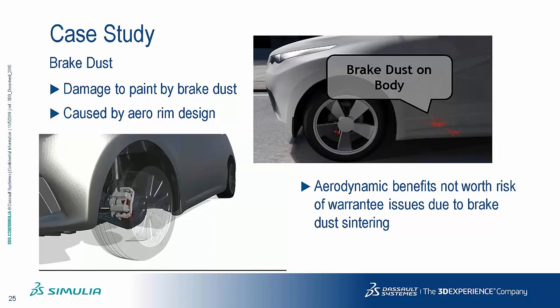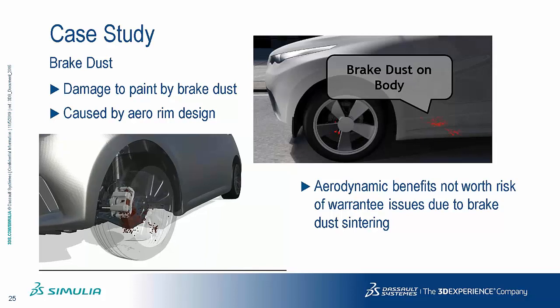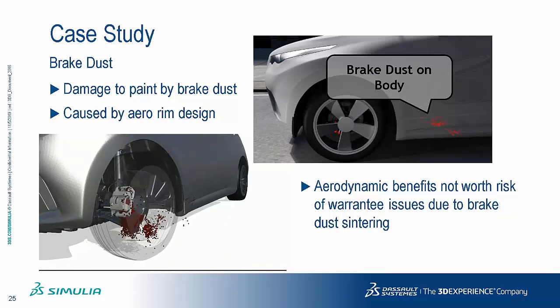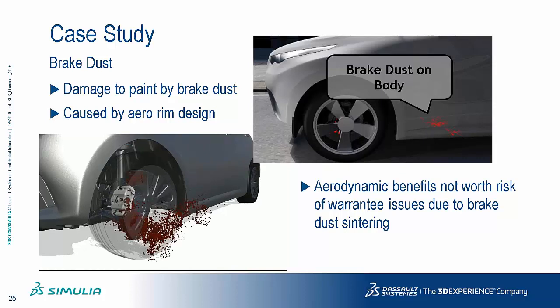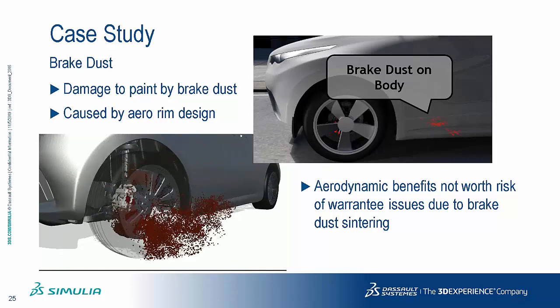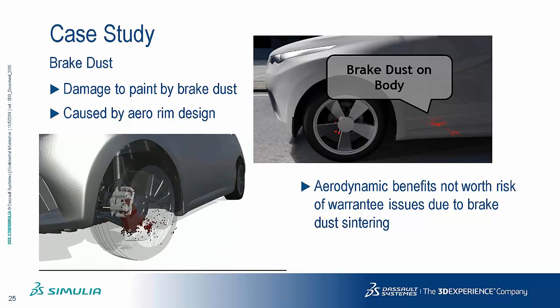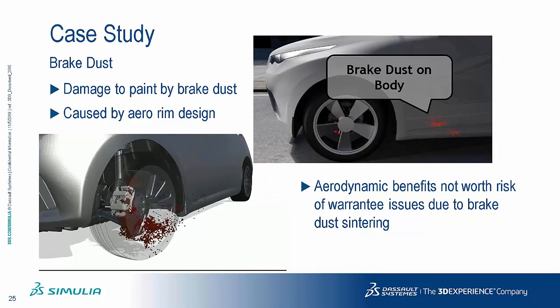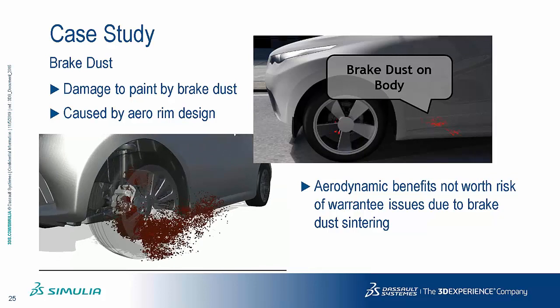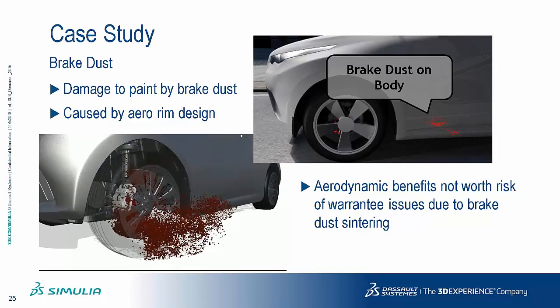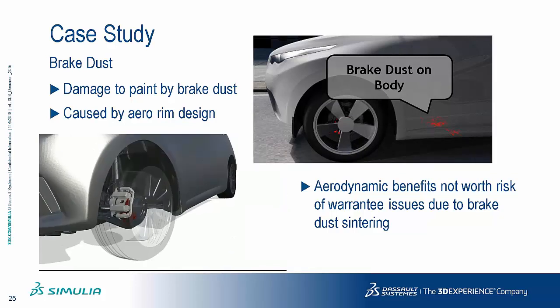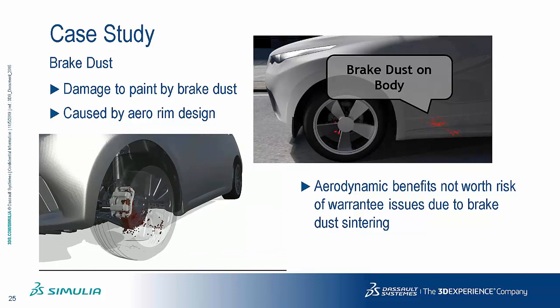I talked about during the introduction about brake dust and how that's becoming a significant metric for the industry. So here we can see the brake dust and how we simulate that with it passing through the wheel. So this is important for warranty issues.